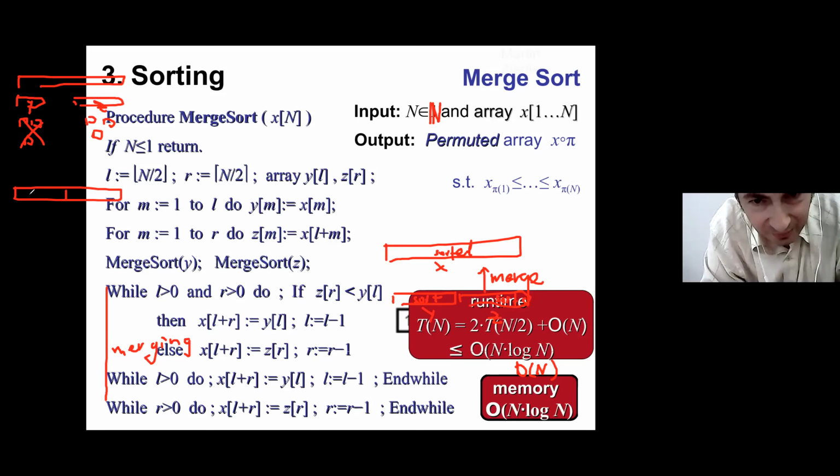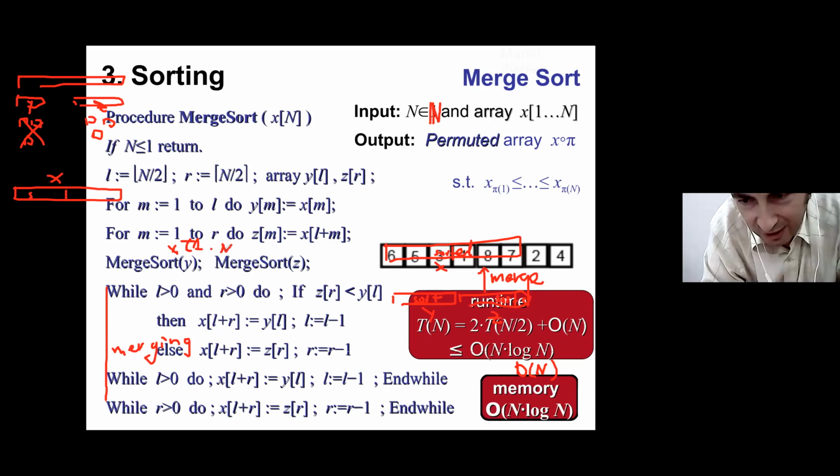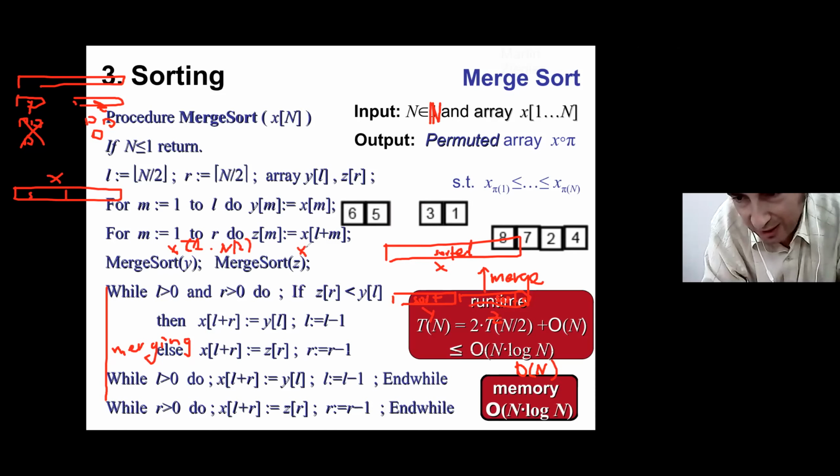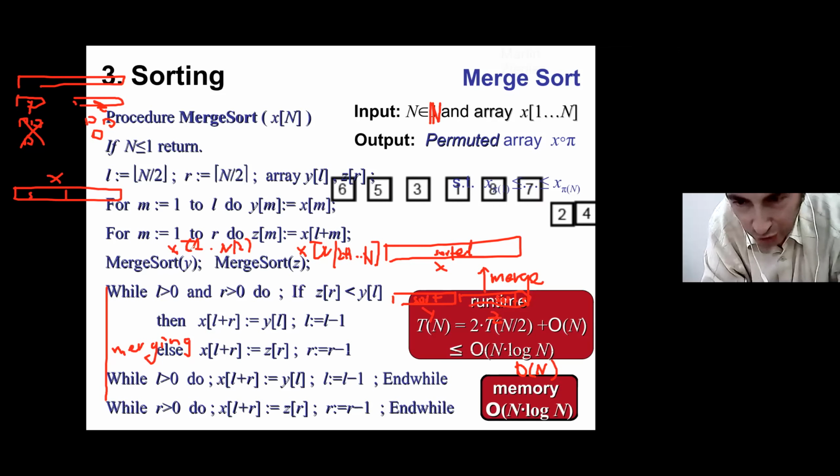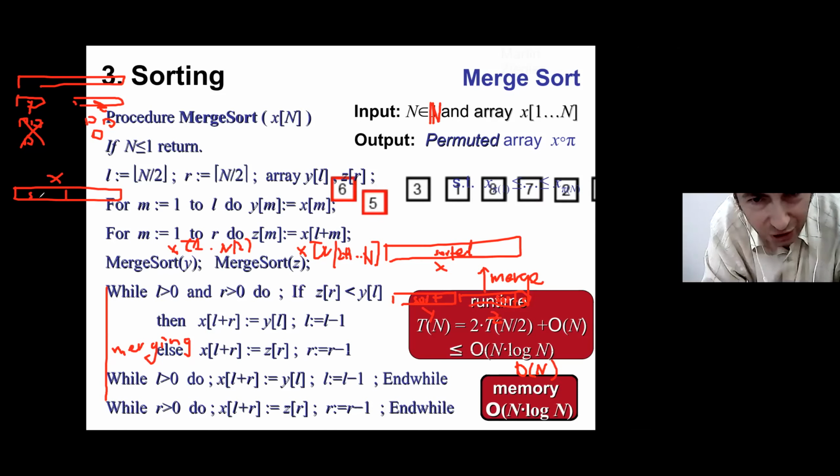So this is now X, and after calling, let's say, X from 1 to n half, and here you will call X from n half plus 1 to n. You can do this. So you can try to sort on the array X itself without copying. Then you will have something sorted here, and you will have something sorted here.